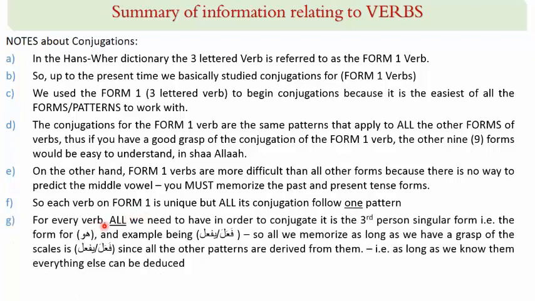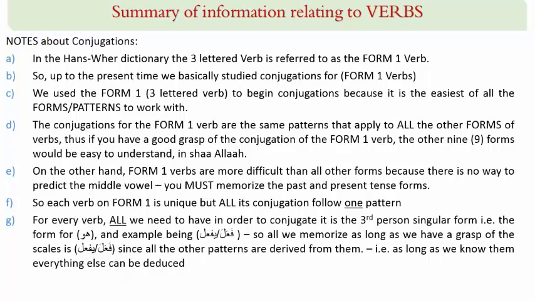For every verb, all we need to have in order to conjugate it is a third person singular form. That is the form for huwa. An example being fa'ala yaf'alu. So all we memorize, as long as we have a grasp of the scale, is fa'ala yaf'alu, since all the other patterns are derived from them. That is, as long as we know them, everything else can be deduced, inshaAllah.